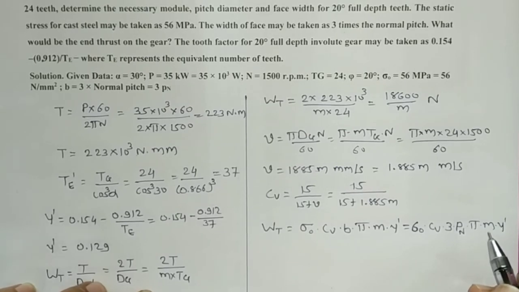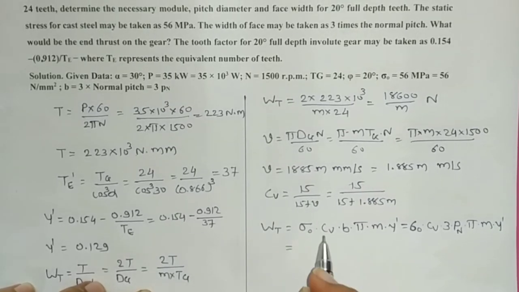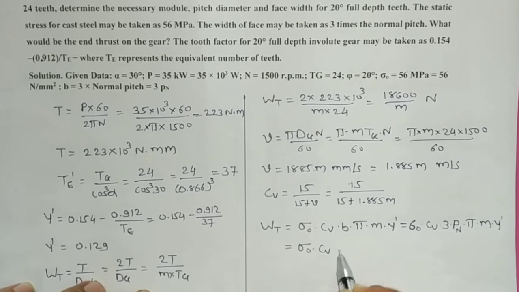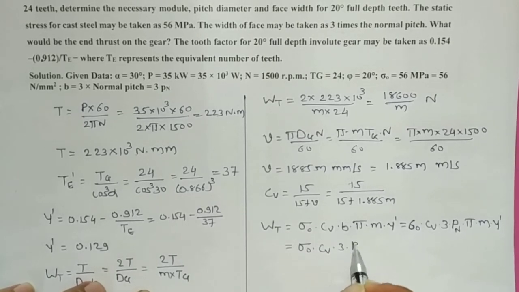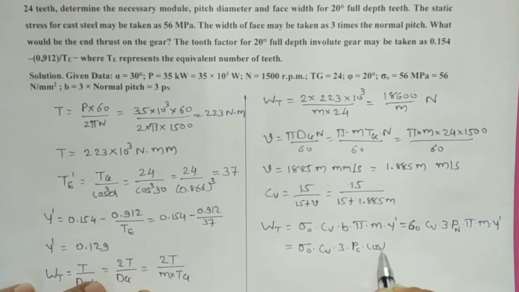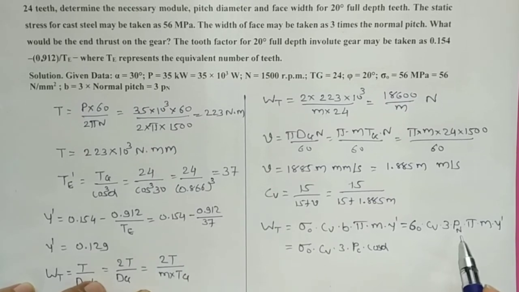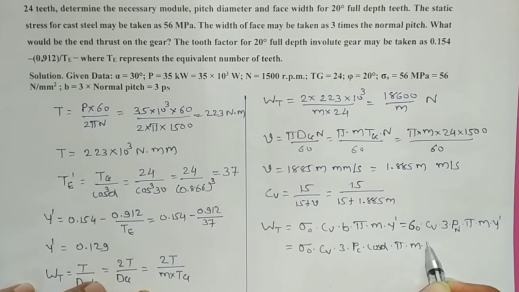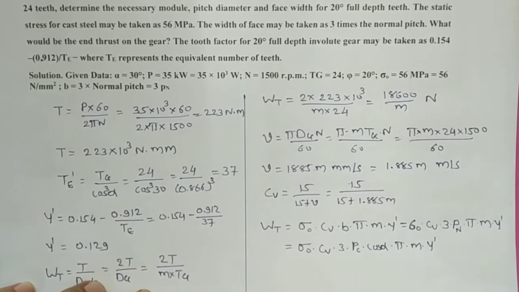Okay. Now here Pn is equal to Pc cos alpha. So therefore sigma O into CV into 3 into Pc cos alpha into pi into m into y dash.